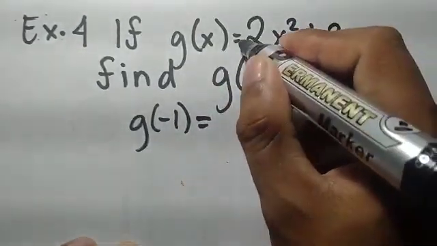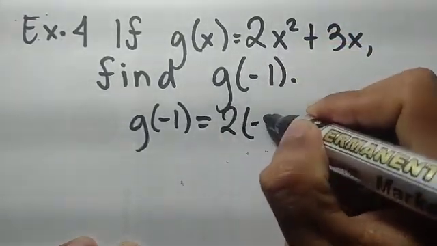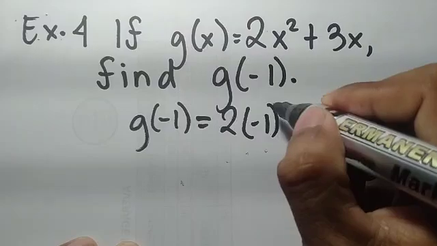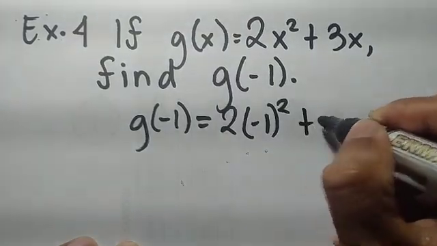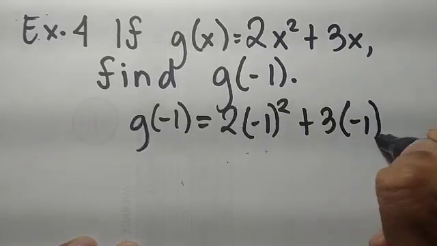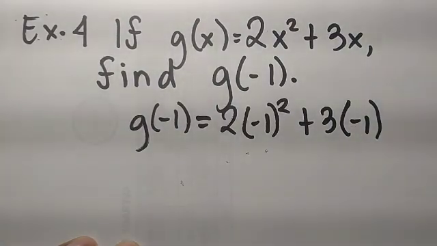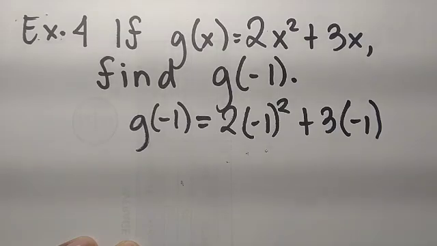Copy the equal. So 2, instead of x, we write negative 1 and copy the squared plus 3 times negative 1. Always remember that you will replace all x.